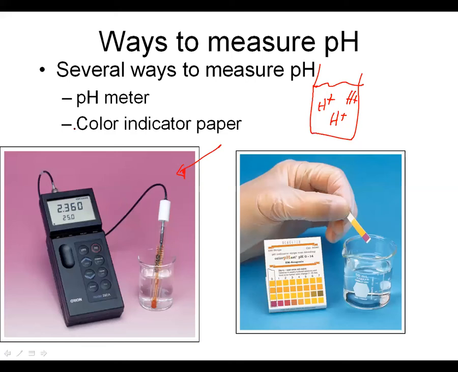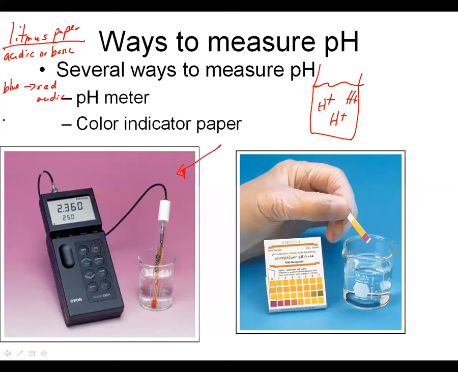Now, we also use litmus paper, and it really doesn't measure pH or tell you the pH of the solution, but we do use litmus paper to figure out if something is acidic or basic. And again, not going to give you a pH value here, but if you have blue litmus paper and it goes to red, it means it's acidic.